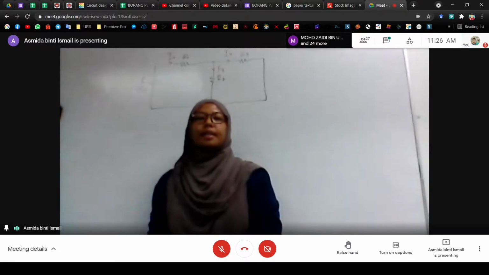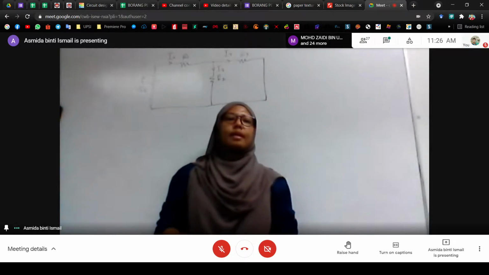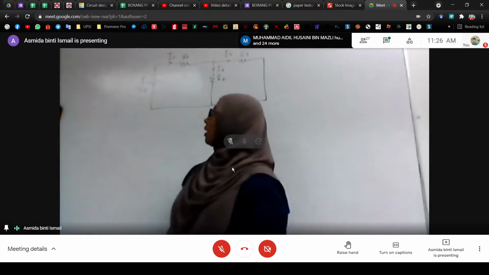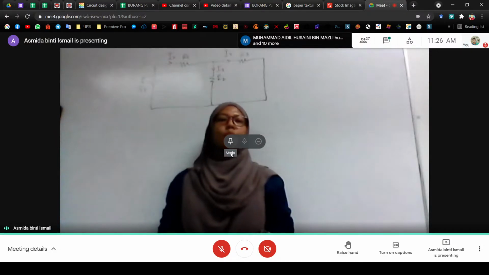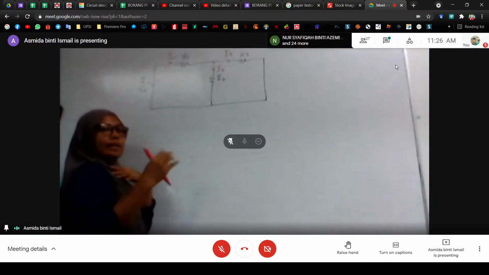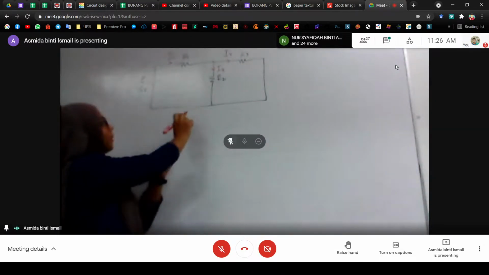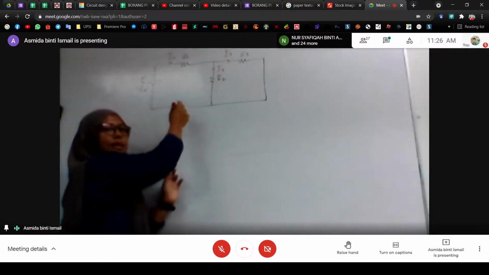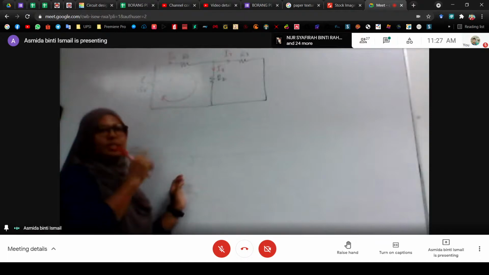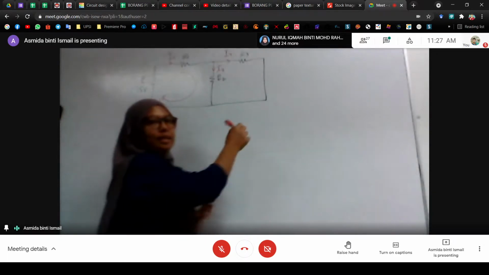In this question, it gives you the direction of the loop. Kalau you nak buat sendiri pun boleh, tak ada masalah. Kita sekarang ni ikut je apa yang dalam equation tu say. This is loop 1, and this is loop 2.